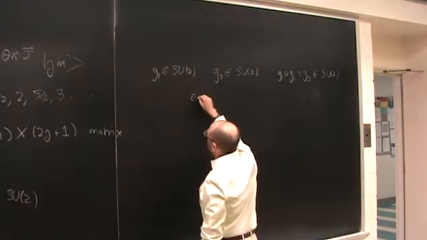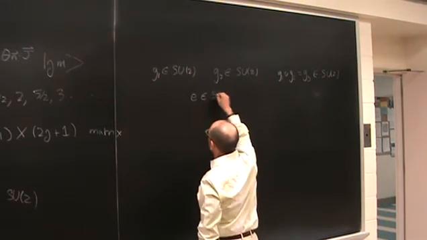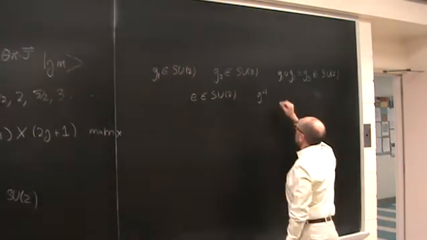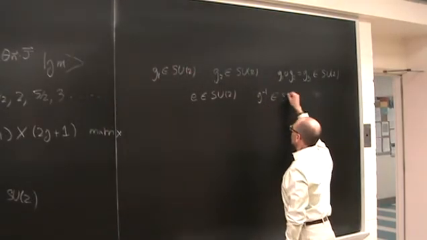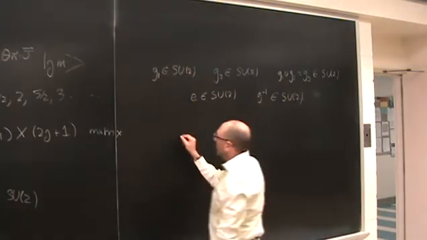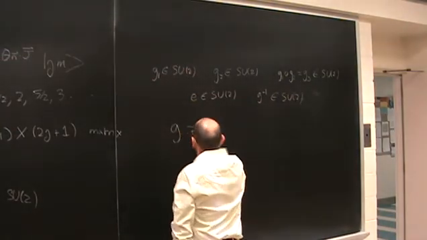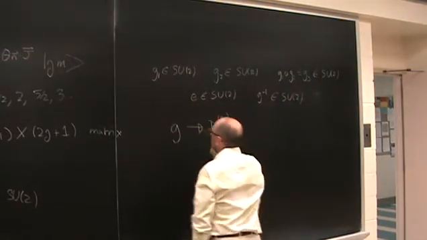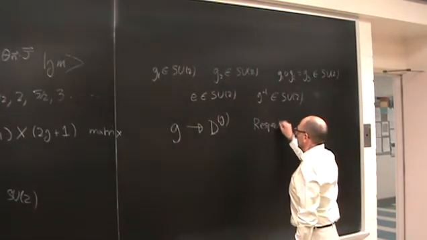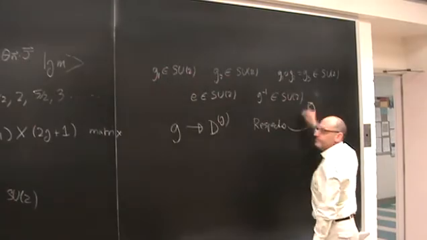and this is the identity operator in SU2, and there exists an inverse element in SU2, then the map that takes G to one of these matrices respects all the above.